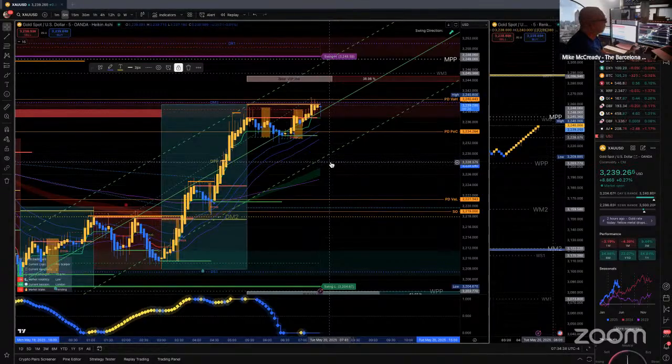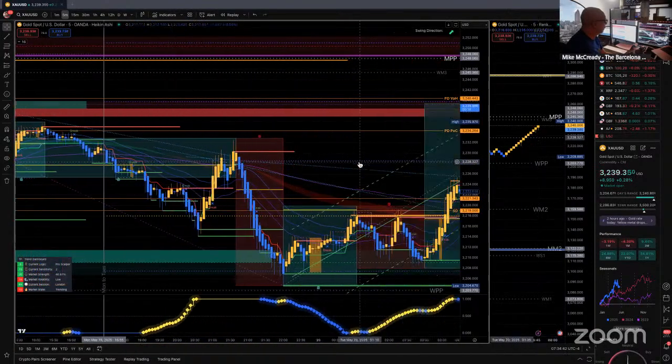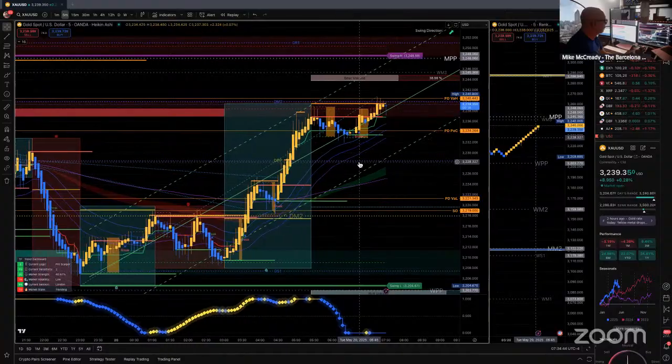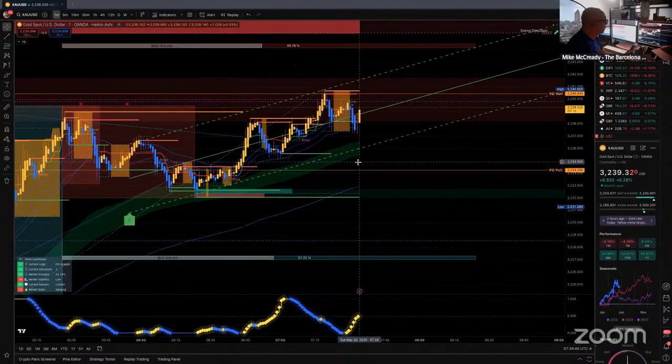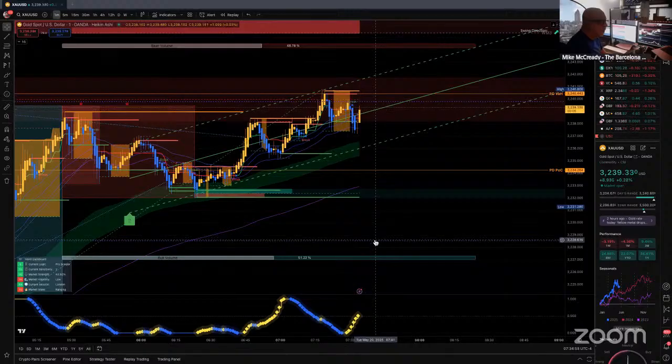Oh no, sorry, not looking at gold futures. I'm looking at two regular XAU gold forex charts. So where is that here? Yeah, I guess it is pretty much parity, about 3228.